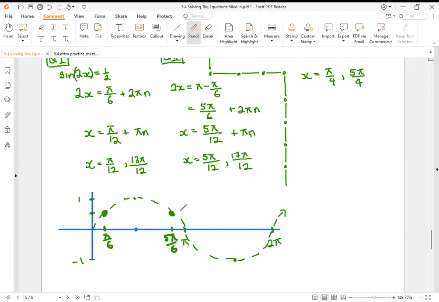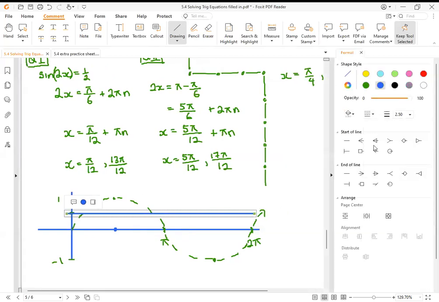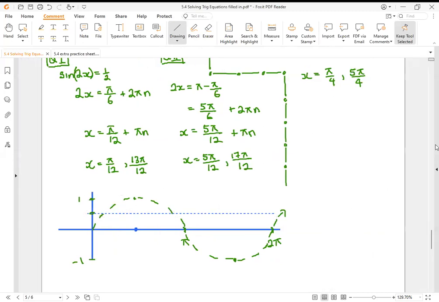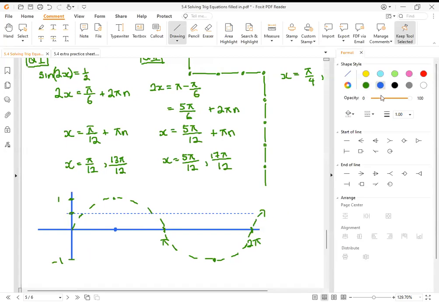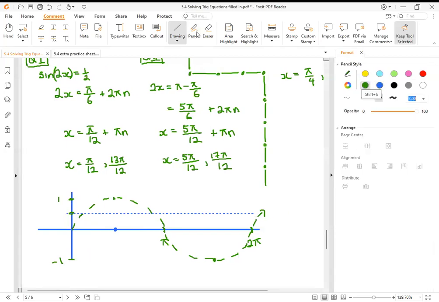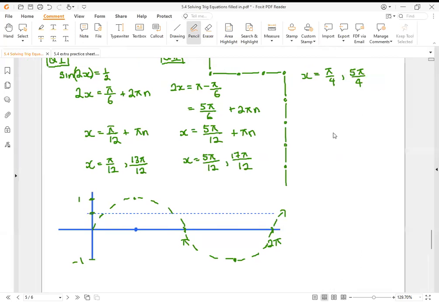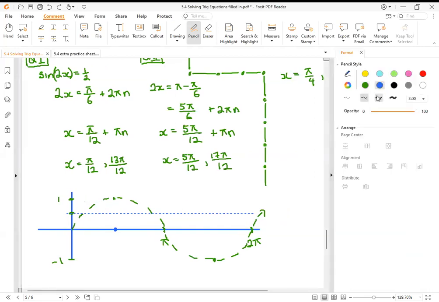If I were to, let's draw a dotted line. Okay, let's do that. If I were to take a different color and let's do a pencil, let's not make it too thick. If I were to complete a graph, where did my blue go?